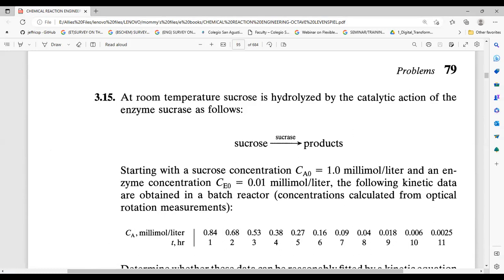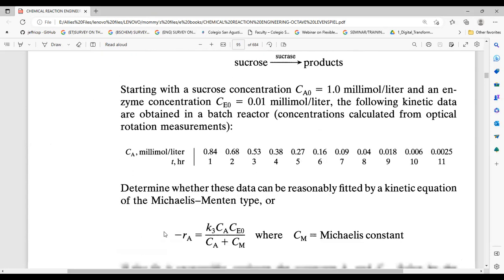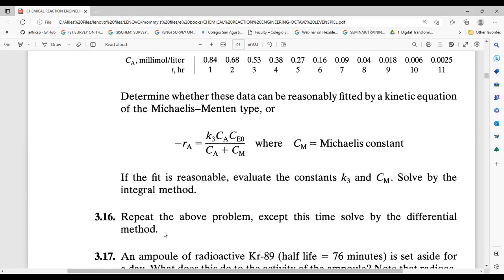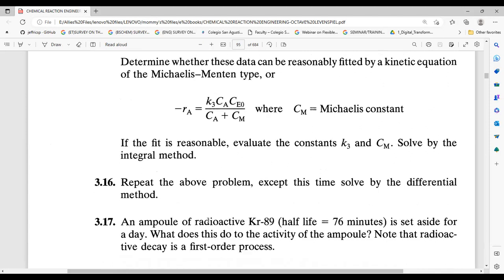So, we can also do integral analysis for this, but it's suggested that once you have a lot of data points already, that should be differential analysis. And it is Michaelis-Menten. This is its rate equation. Differential method.